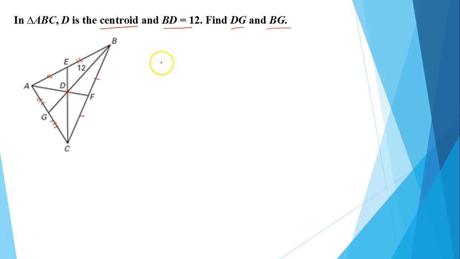So we can set up that BD is equal to 2/3 of the whole median, BG. Now, if you remember that, then this problem shouldn't be too hard for you. We know that BD is 12. So find BG.